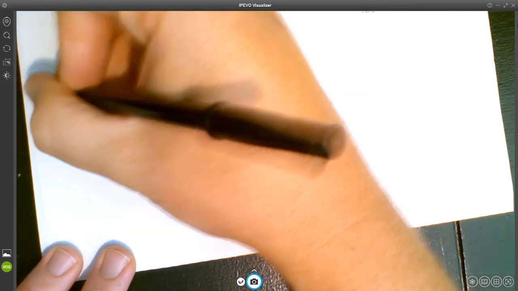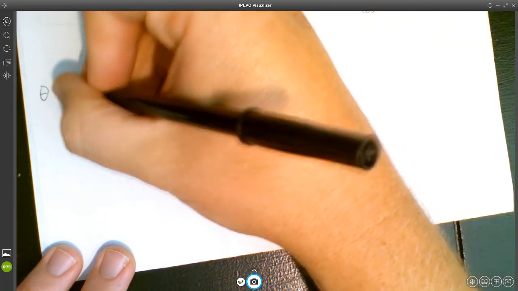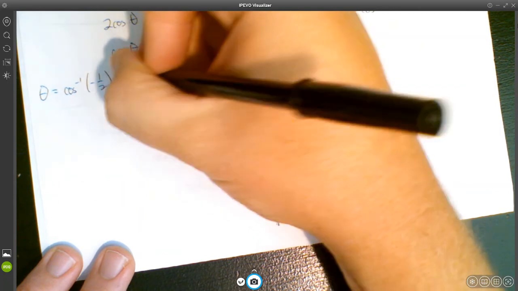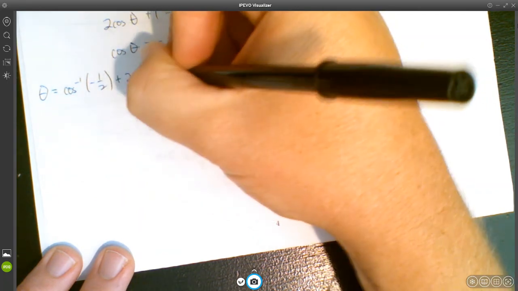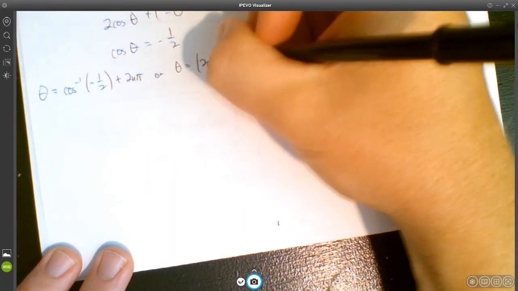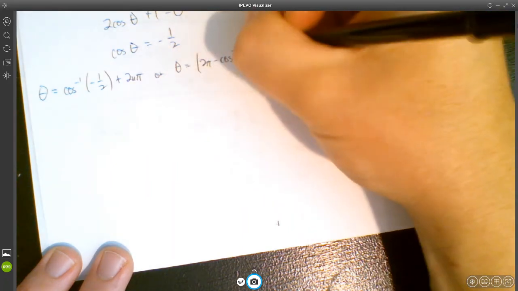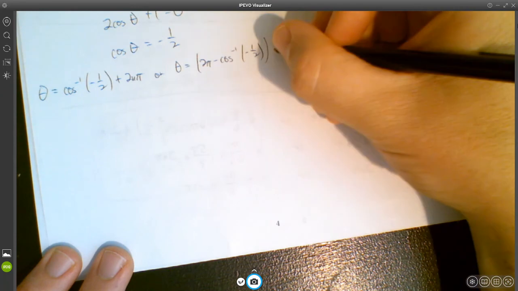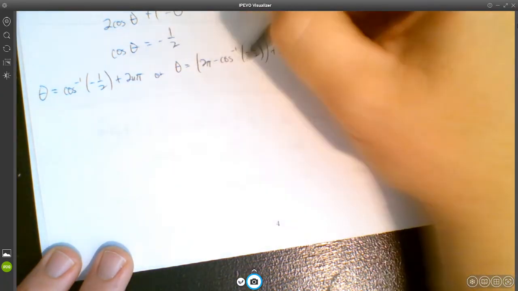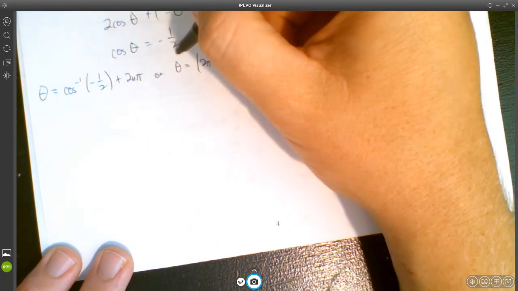So if cosine theta equals negative 1/2, then theta equals cosine inverse of negative 1/2 plus 2n pi, or theta equals 2 pi minus cosine inverse of negative 1/2 plus 2n pi. Those two solutions come from this first case.